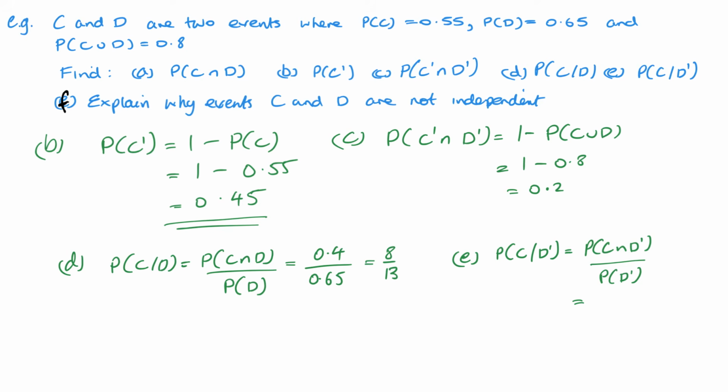So that's why it's the 0.55 minus your 0.4. Okay, because if you think about your C, your not D is everything outside of D, which only gives you this bit that's outside of D and in C. As this bit, 0.4, will be in both C and D.